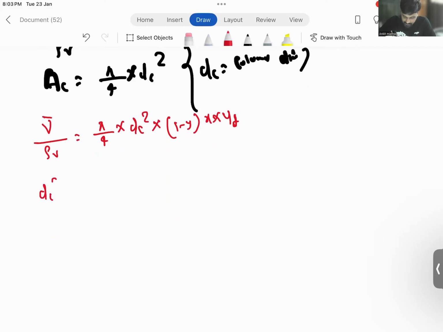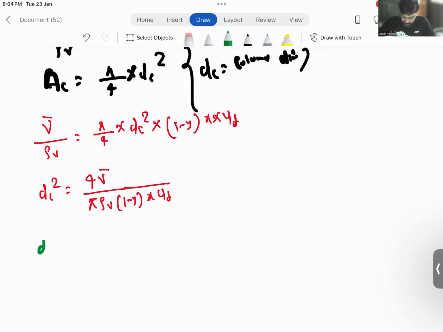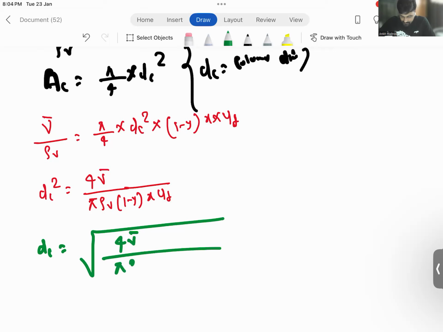The diameter of column square can be written as 4 V bar divided by pi rho V into 1 minus Y into X into U flooding. So from here you can write the diameter of column, that is equal to the square root of 4 V bar divided by pi rho V into 1 minus Y into X into UF.